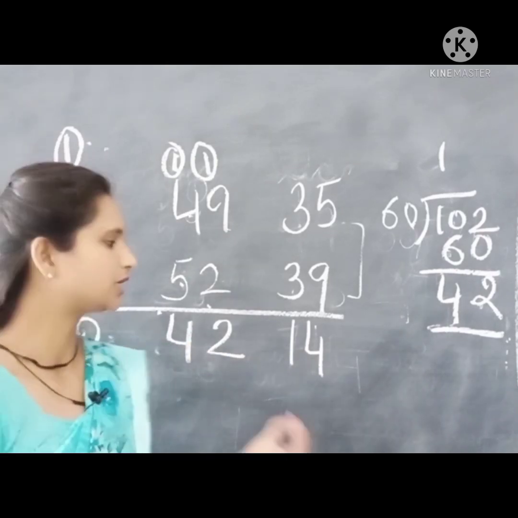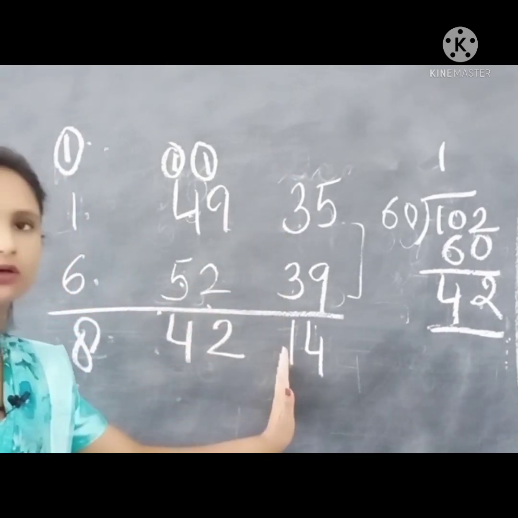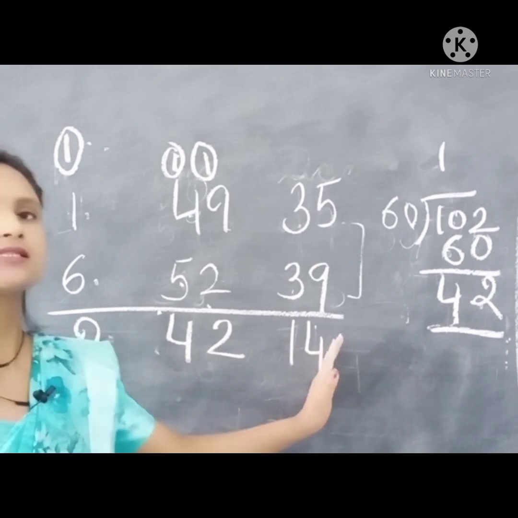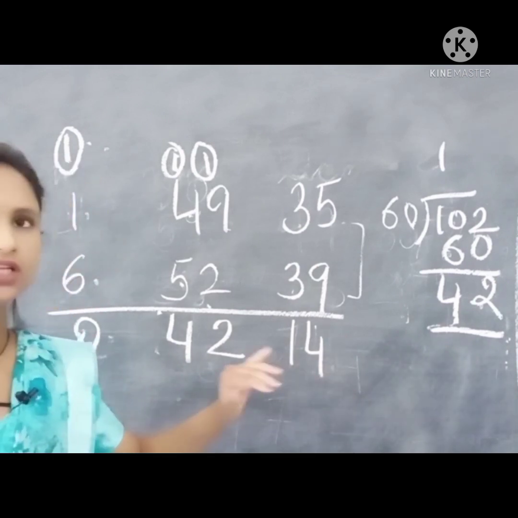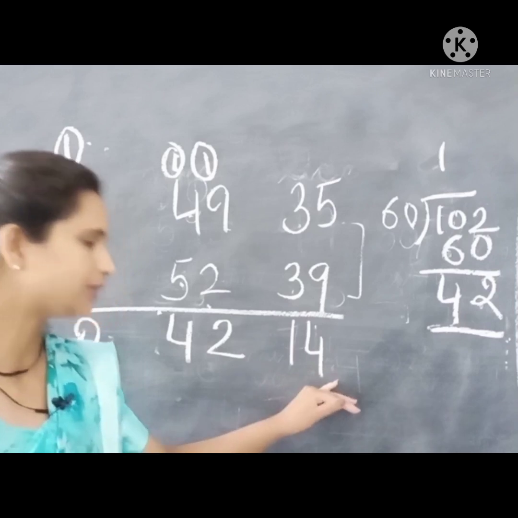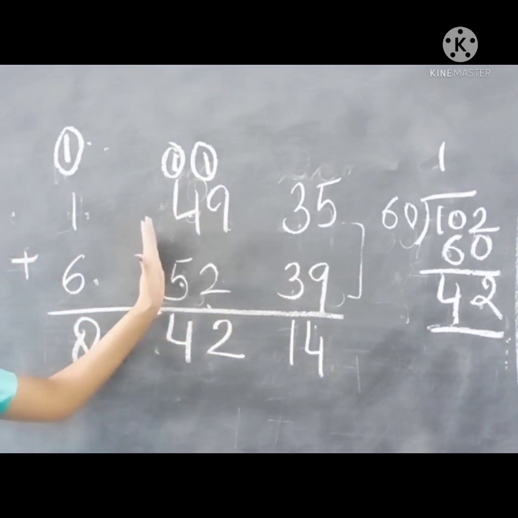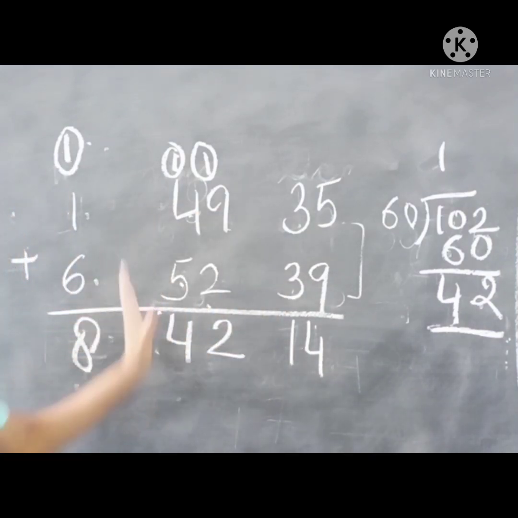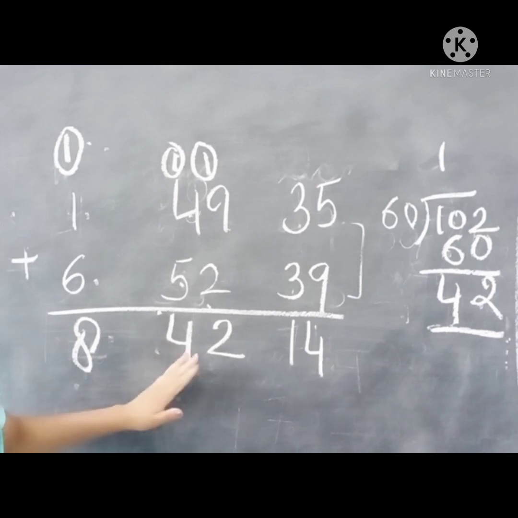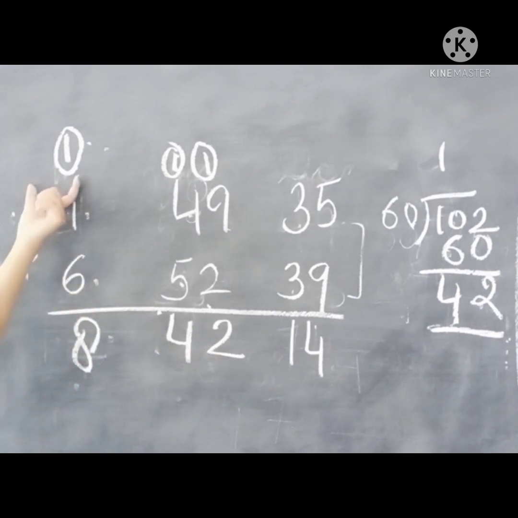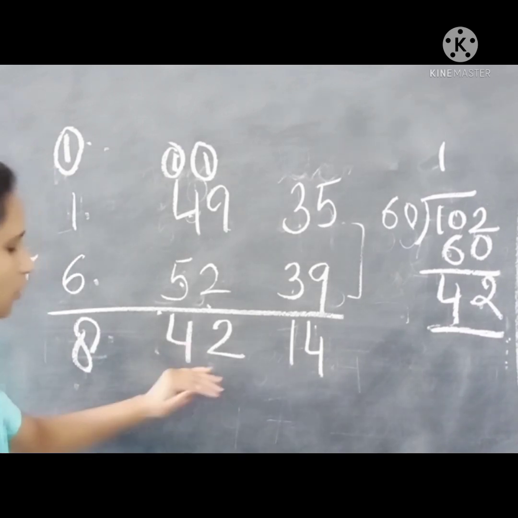So let us revise it quickly. If you have to solve it, if it is greater than 60, divide it with 60. If it is not greater than 60, leave it as it is. Then move to this minutes column. If there is 102, then you do not have to take 1 here as carry. Write the whole 102.